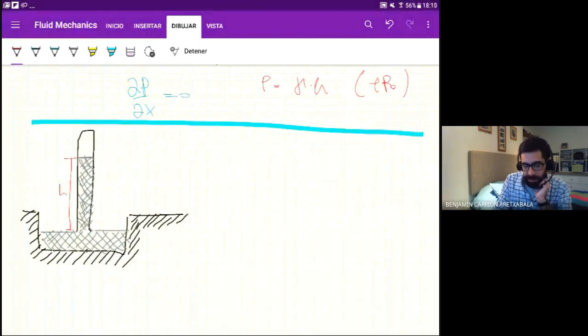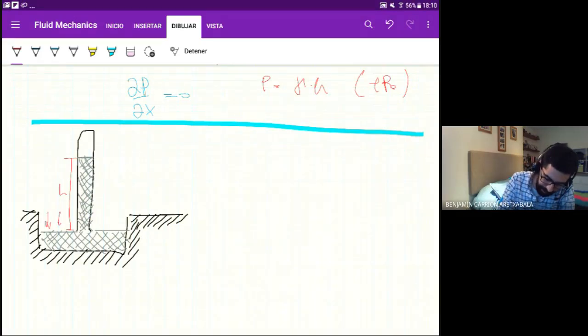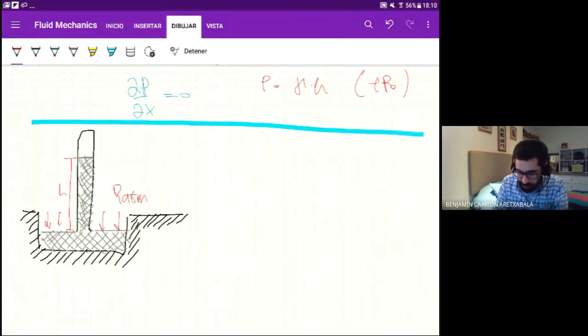What's going to happen here is that we're going to have the atmospheric pressure acting on the free surface of the mercury. So here we're going to have atmospheric pressure. I'm sorry to write in red, I think I shouldn't, but it kind of contrasts.